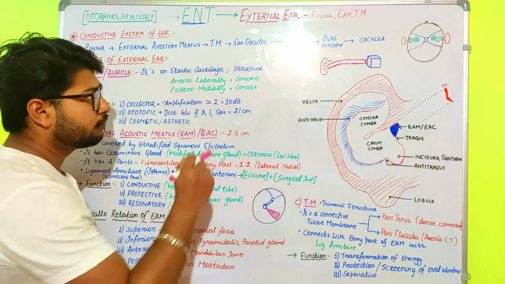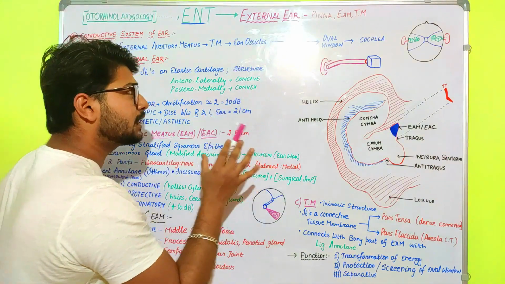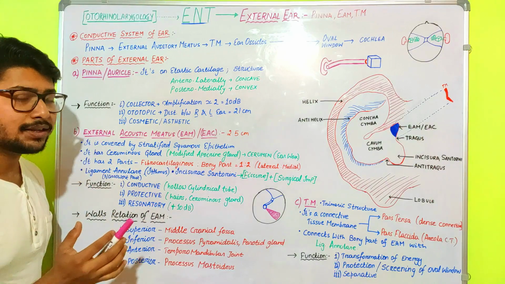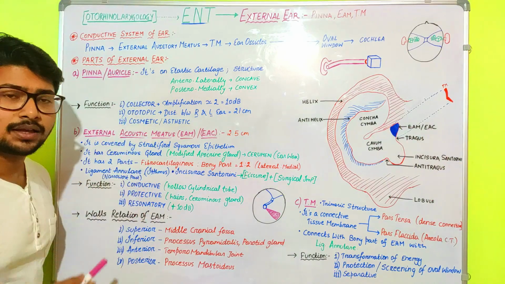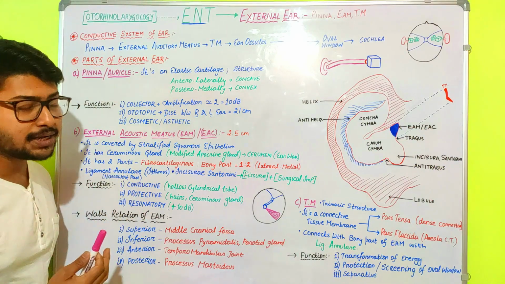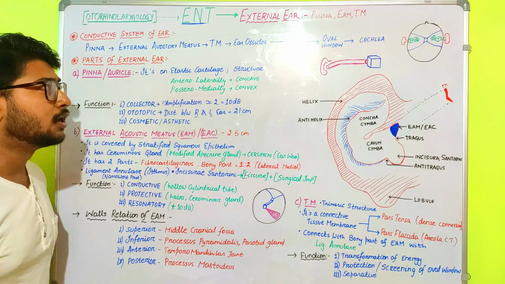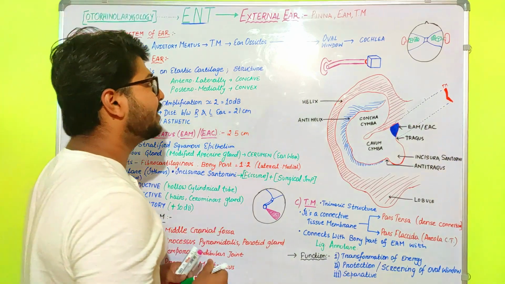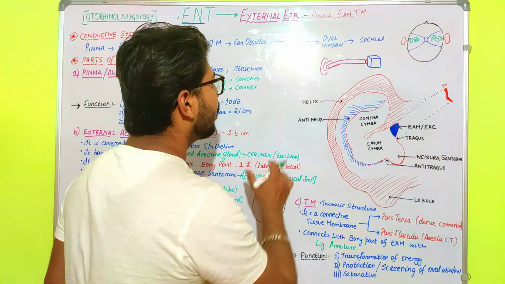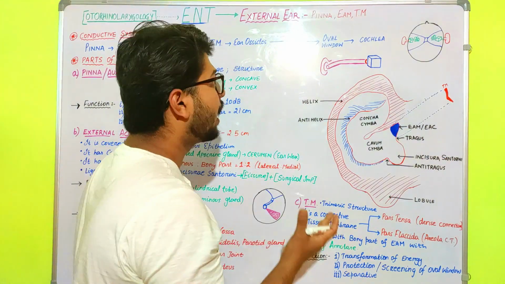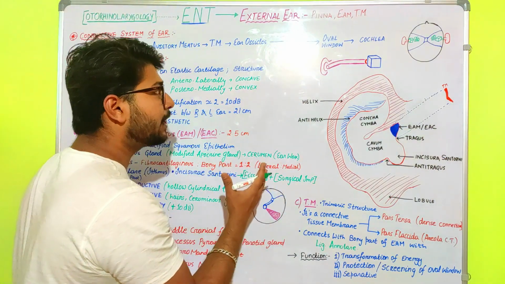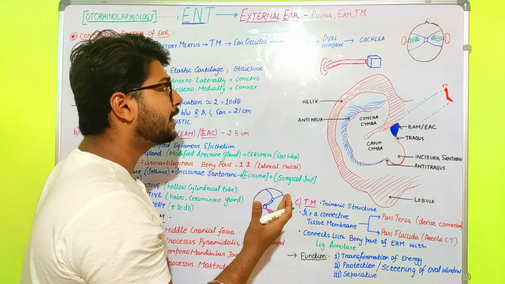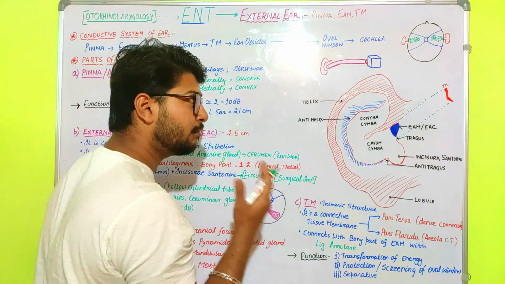So first of all, you should know that external ear consists of three parts. What are they? The pinna, the external acoustic meatus and the tympanic membrane. So what do we mean by external ear, and what is the exact limitation from where we are going to call it the external part of ear?